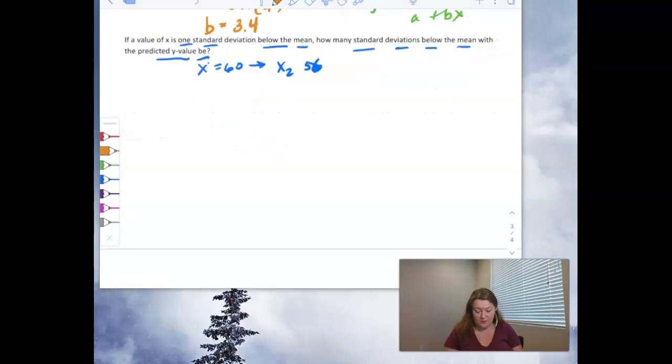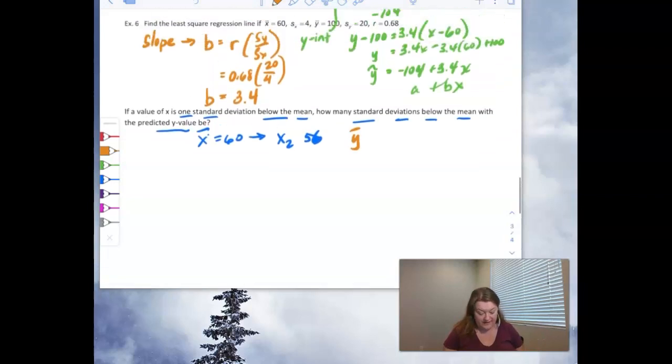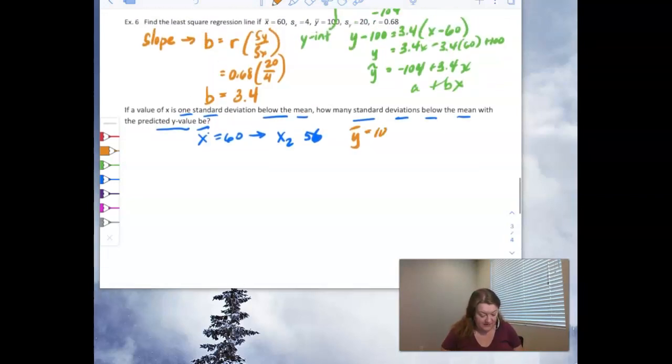Then we would want to know, well, how did y bar change? If y bar was at 100, how much does it go down to? And they want it as a proportion of standard deviation. So I'm thinking about if I just slide the point over so much, how much does it have to move by?